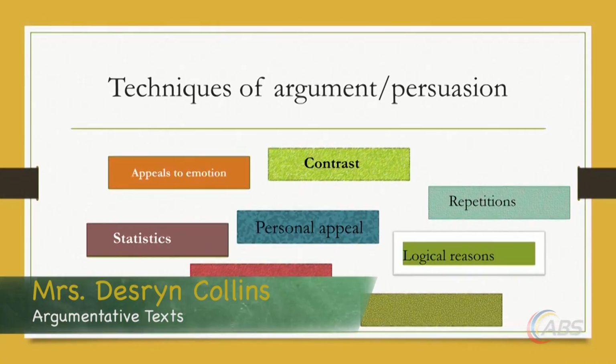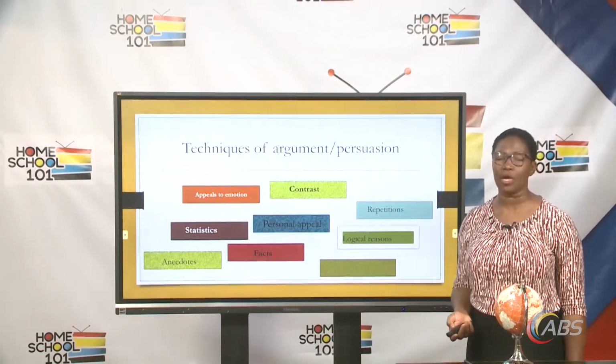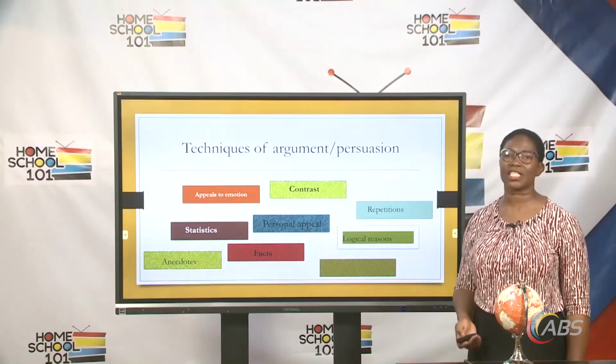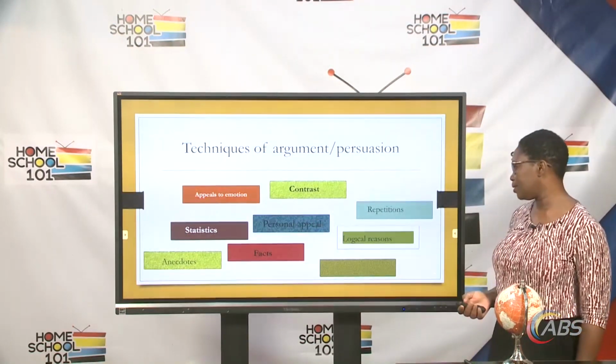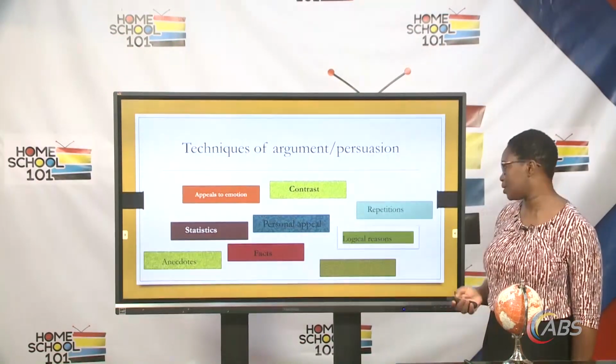Logical reasons. Statements that are logical appeal to our sense of reason. When you think about it, it makes sense. And in this case, there would be facts to justify what the writer is saying, or statistics are provided that support the position. And in those cases, you have examples of logical reasons.